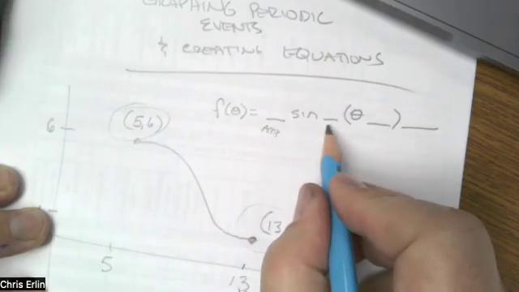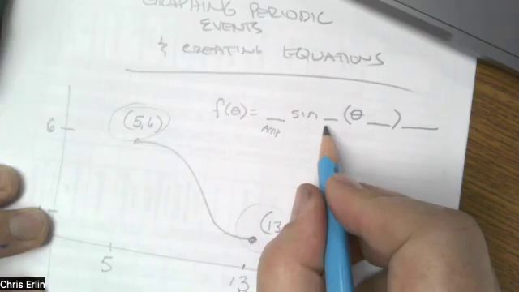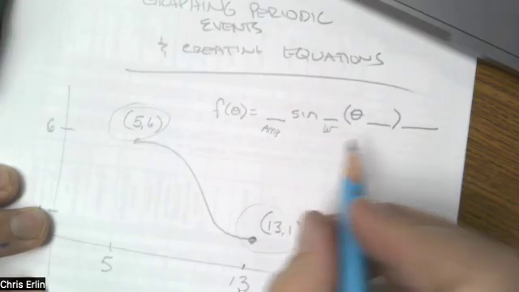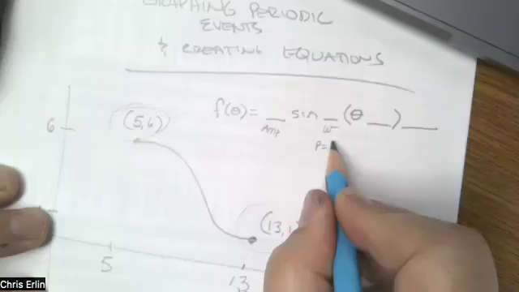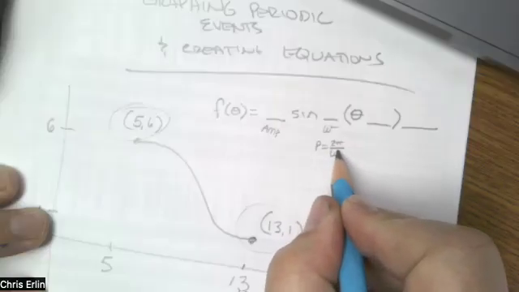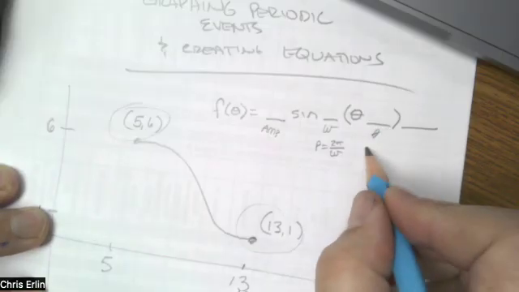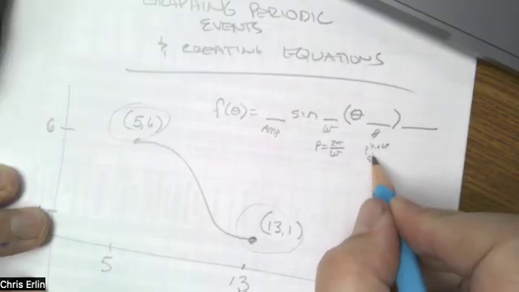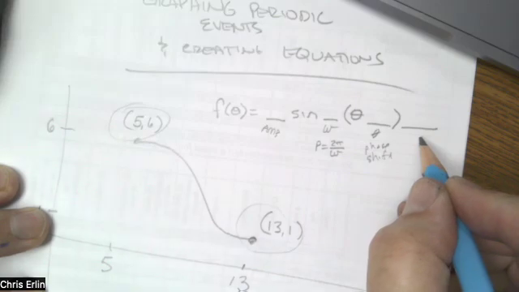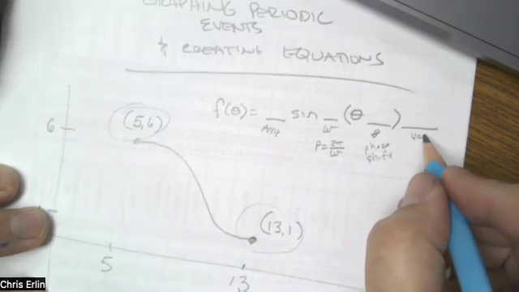What does this thing impact? It affects the period. It's usually called omega, and we know that the period is equal to 2 pi divided by omega. What's this thing? Good. The phase shift. And what's this? The vertical shift.